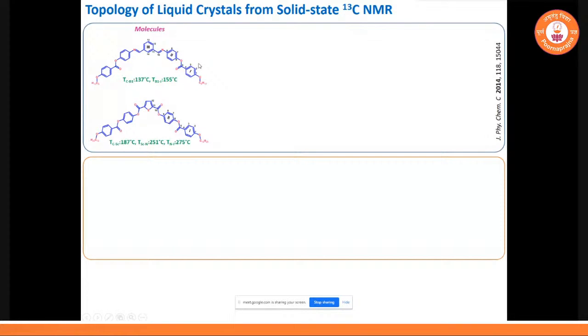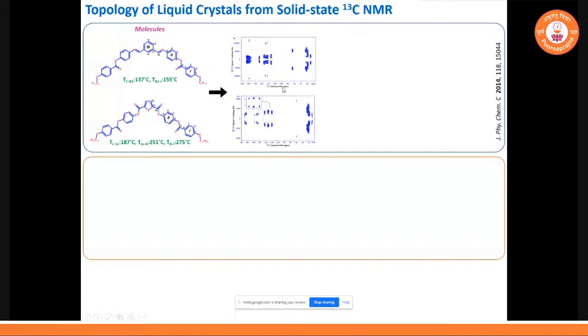I measure that using this sequence, known as the SLF sequence, separated local field. That means in one dimension we get the chemical shift, in the other dimension we get the proton-carbon dipolar couplings. Using these dipolar couplings, I can calculate back by fitting our values to this geometry. I can get orientation information as well as distance information.